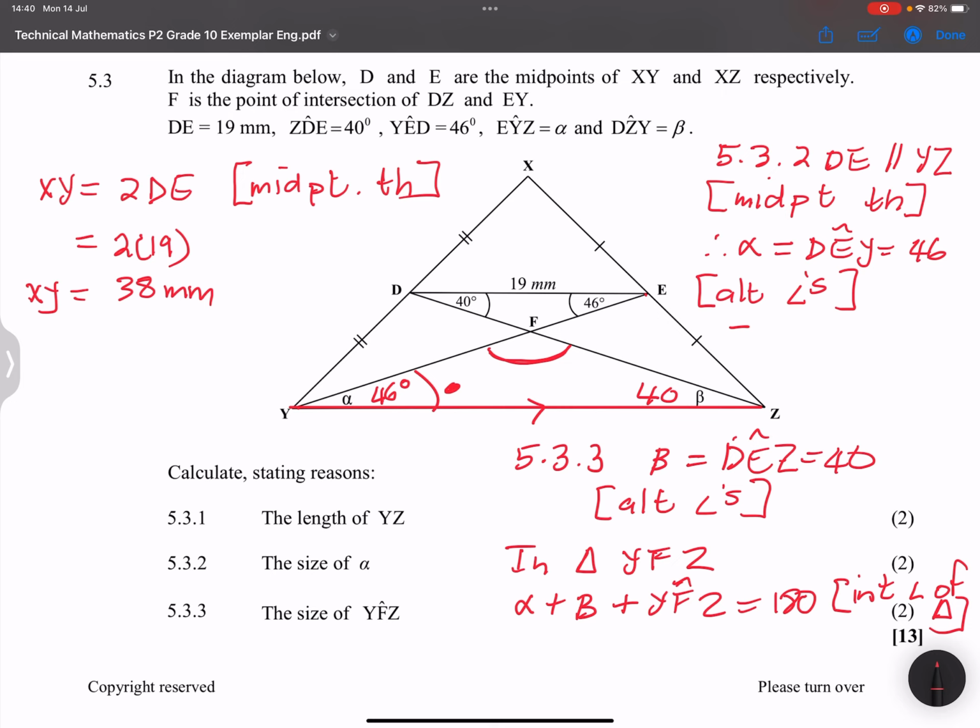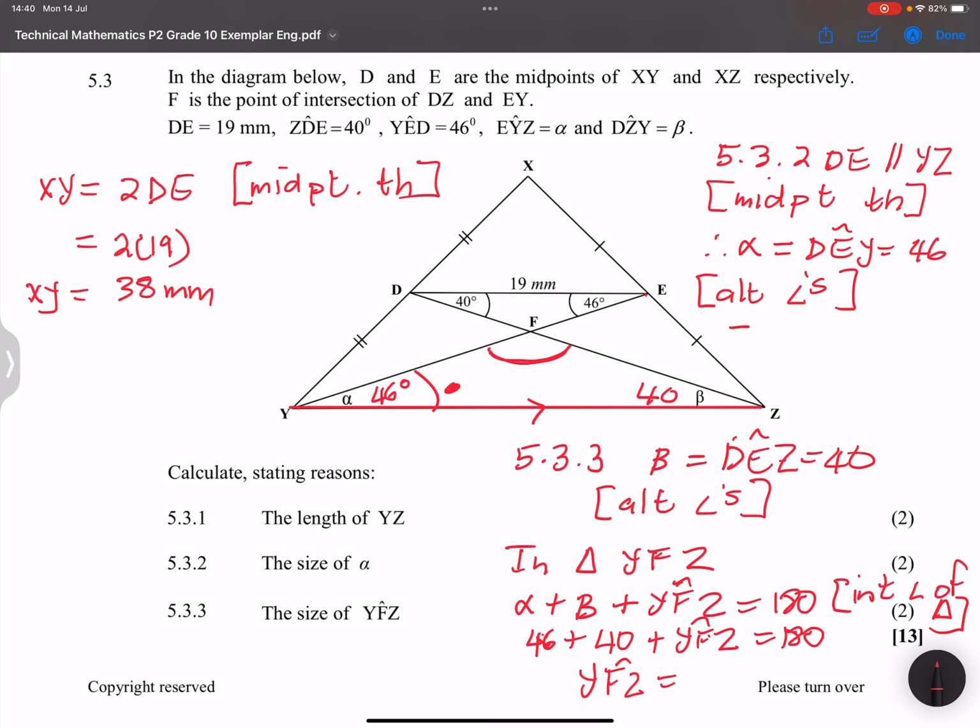So we've got 46 plus 40 plus YFZ equals 180. And so YFZ would be equal to 180 minus (46 plus 40).